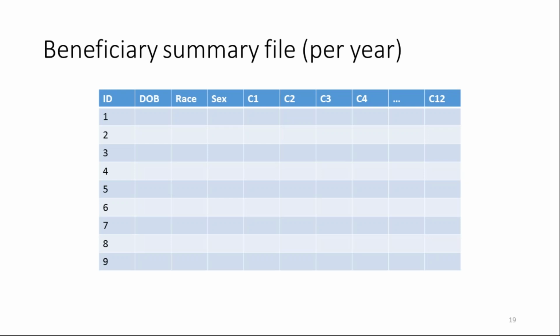So when you have a beneficiary summary file, if I go in and say I want everybody diagnosed with colon cancer between 2002 and 2004, they're going to give me a flat file with, say, 9 patients. It's going to be one line per person, and it's going to give you basic information about those individuals, their date of birth, their race, sex, information like that.